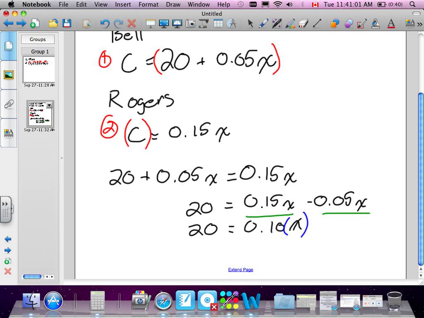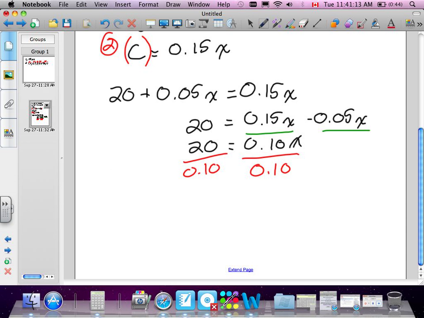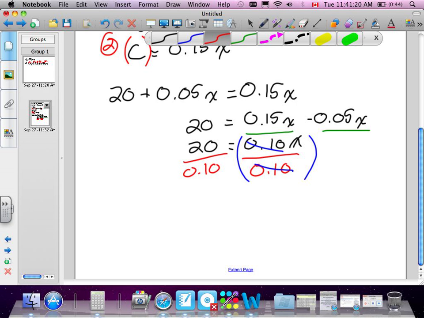Okay, so now that we've collected our like terms, I still need to isolate for my x by one variable. In order to do that, I need to move the 0.10 to the other side, or in other words, I need to divide both sides by this amount. Now, when I divide the right side by this amount, these two are just going to cancel out.